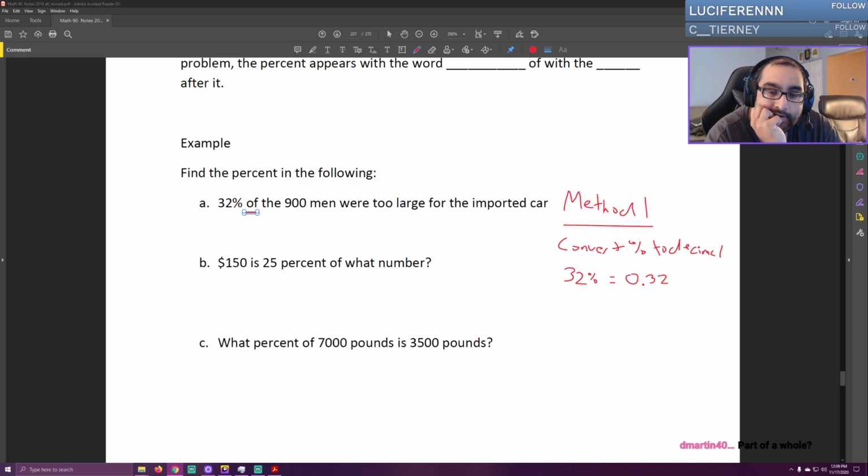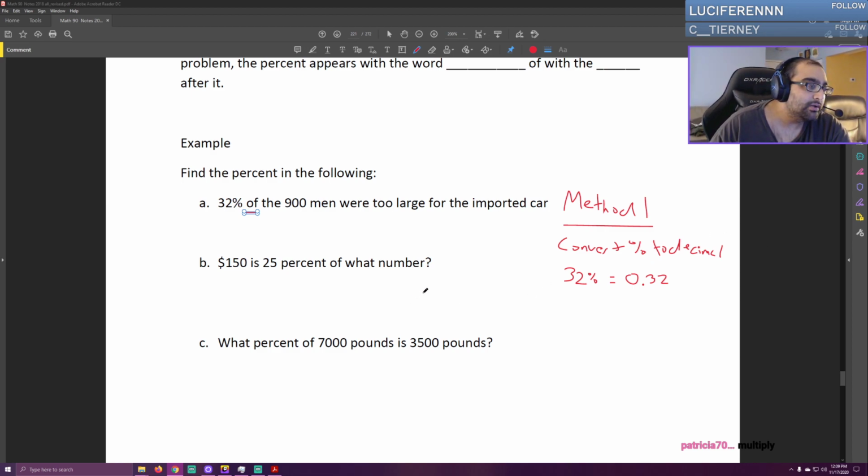Not quite. I mean, no, not in this case. We'll talk about the part of a whole here, but that's the second method. I want to know what of means in terms of a regular percentage math language. If you take a look back at your notes from section 6.1, you'll see what we referred to of as. Multiplication, that's correct.